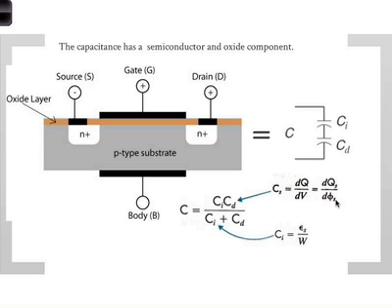Okay, so dQs over d phi s. Phi s being the surface potential at the interface between the oxide and the semiconductor. Okay, now we'll look at those in a bit more detail, but keep this picture in mind. Okay, so if you have a small signal that's applied to the gate, the capacitance it sees will be a series connection between an oxide capacitance and a depletion capacitance, which arises from the semiconductor.